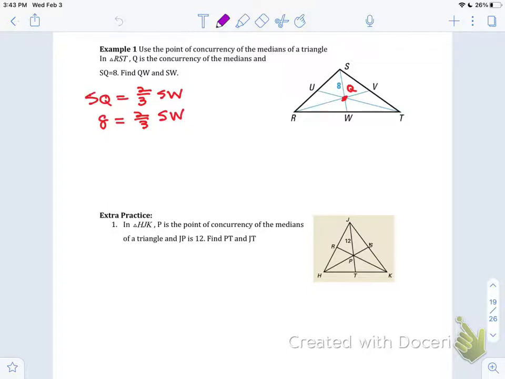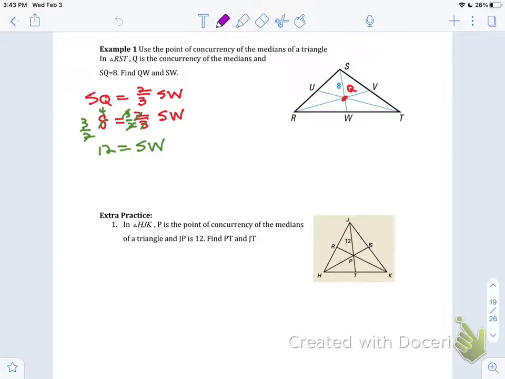Well, what we're going to do is we're going to multiply both sides by 3/2, and this times 3/2, right? These guys cancel, these cancel, that becomes a 1. 2 goes into 8 4 times. 4 times 3 is 12. So 12 equals SW.